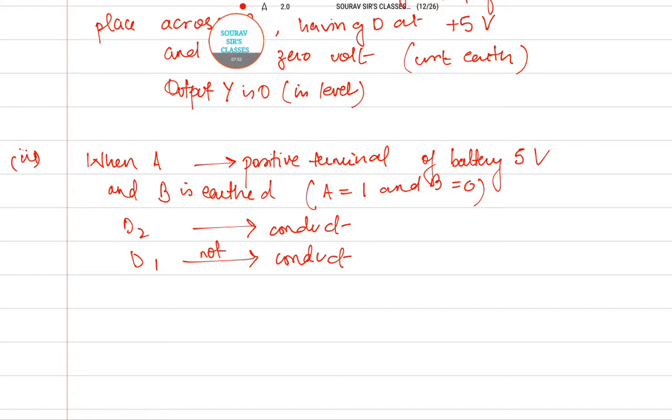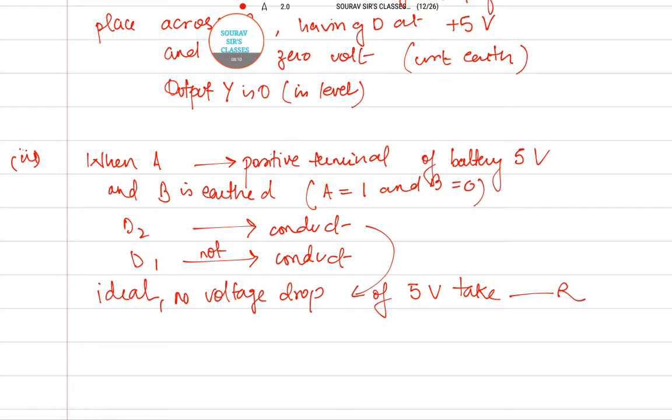Since D2 is the ideal diode, there will be no voltage drop across D2.